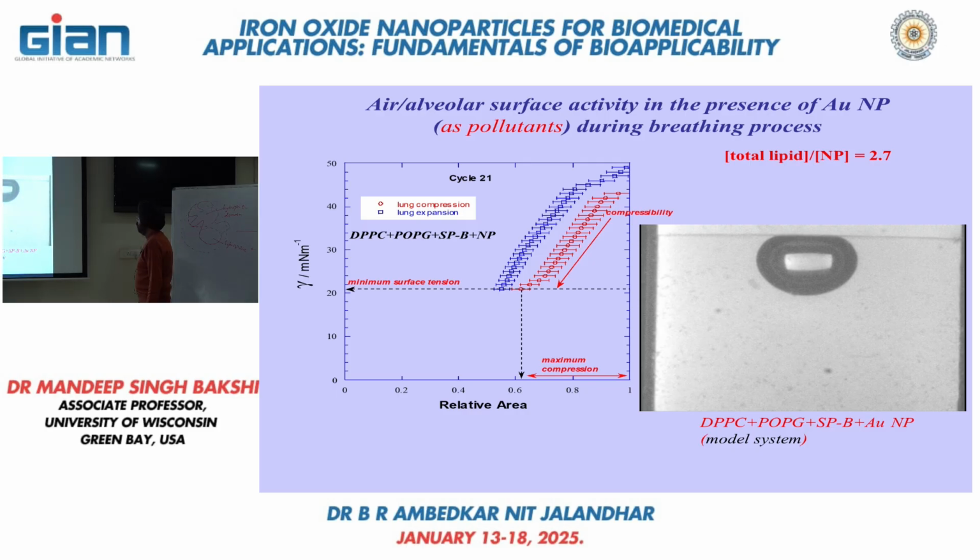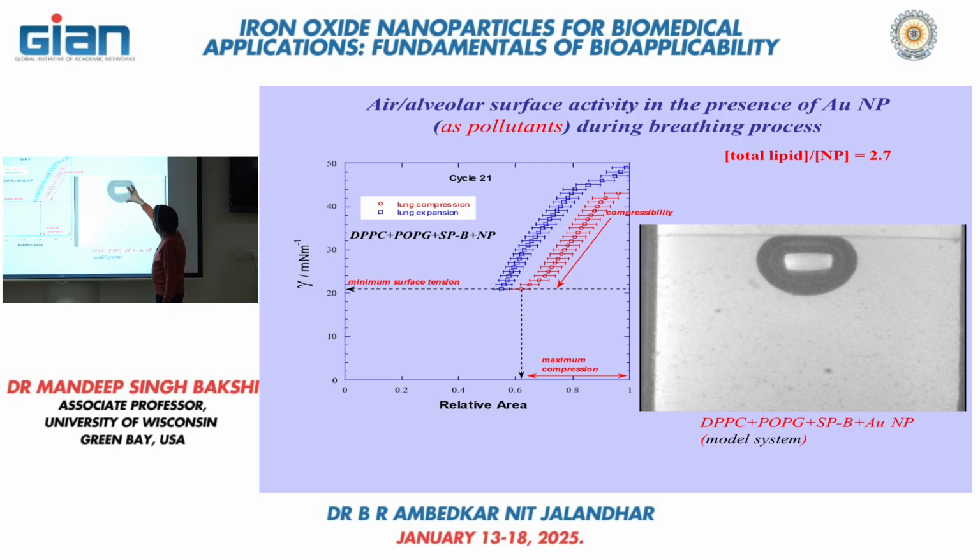It means that the compression with the pressure we apply to expel the air or to squeeze the bubble is not working. Why is it not working? Because the interfacial bilayer present at the air and aqueous interface does not possess sufficient surface activity to reduce the surface tension. What is the meaning of this?